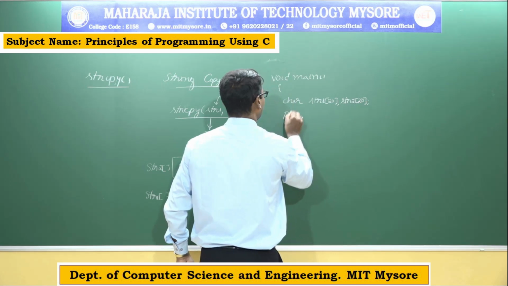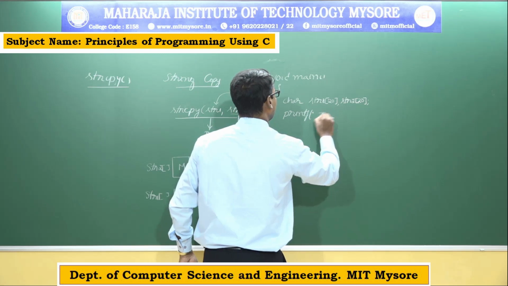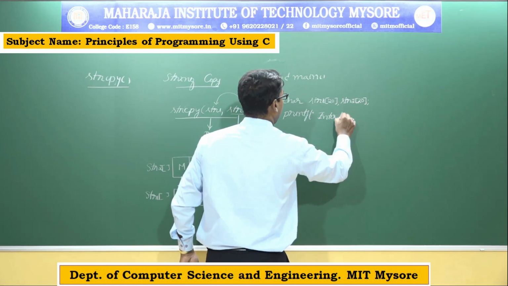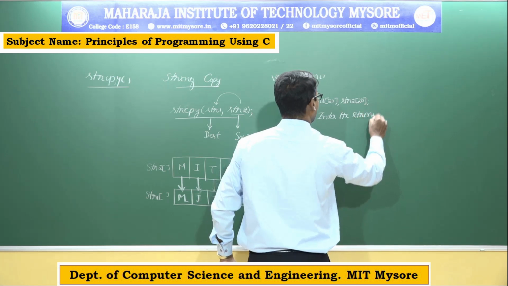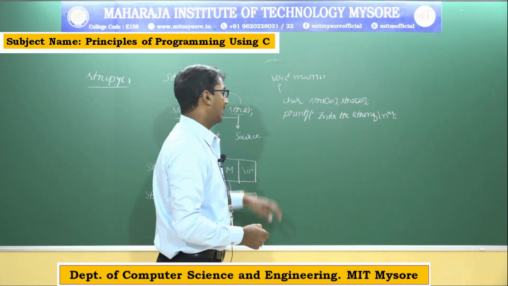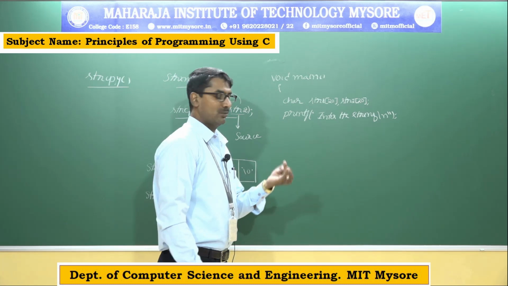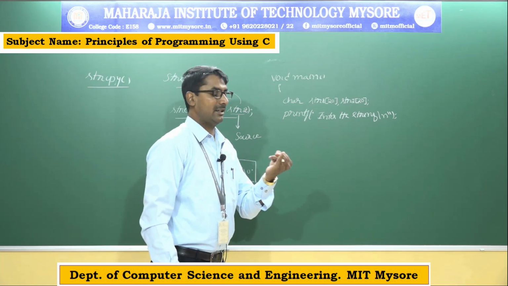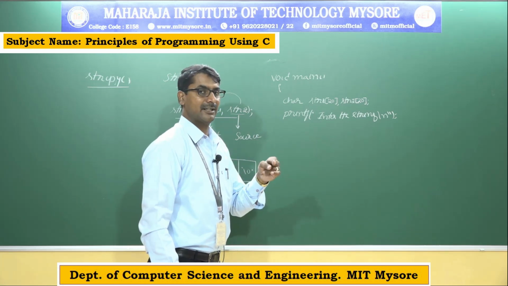Then printf enter the string. In order to read the string, we can use three different functions. One is by using the scanf function. Either we can use the getchar function to read character by character.